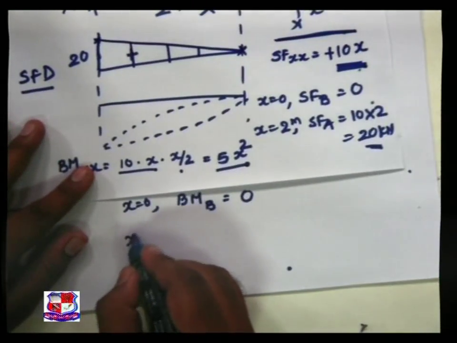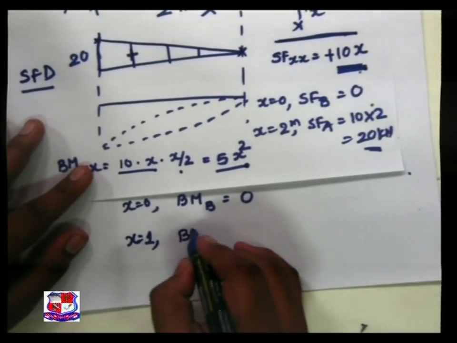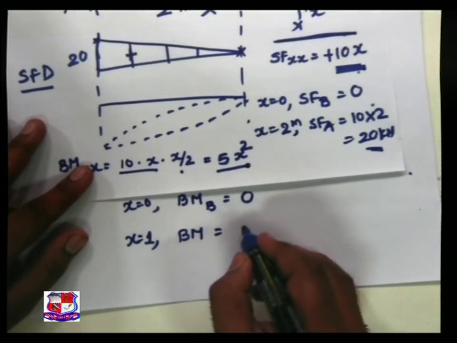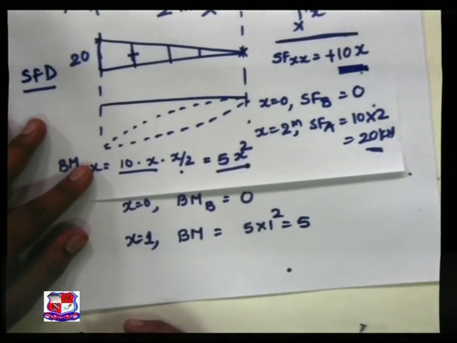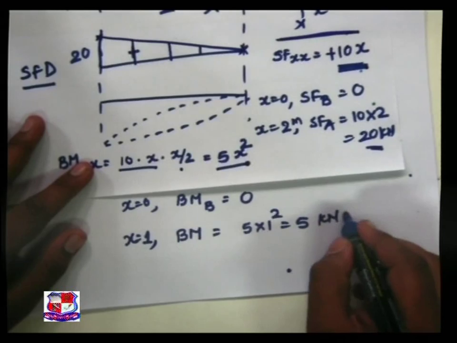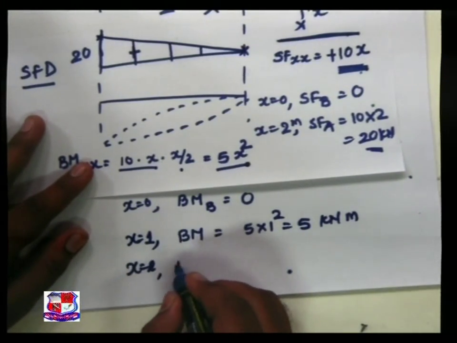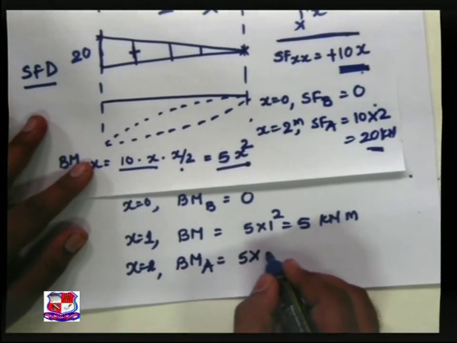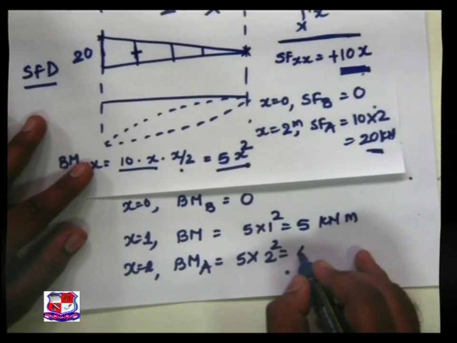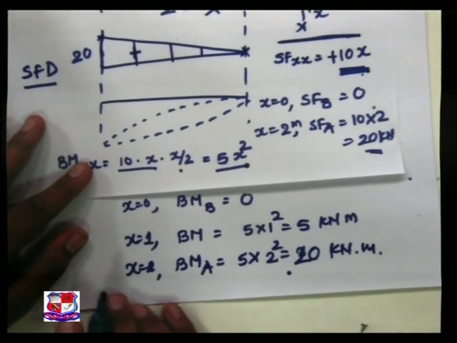Now x is equal to 1 meter, bending moment at center is equal to 5 into 1 square, is equal to 5 kilonewton meter, and when x is equal to 2, bending moment at A is equal to 5 into 2 square is equal to 20 kilonewton meter.